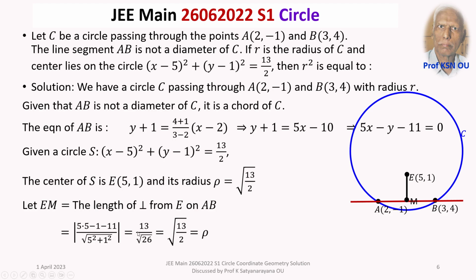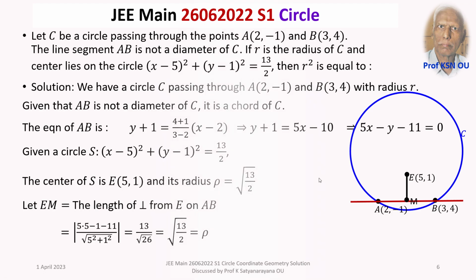That is 13 by the square root of 26, that is equal to the square root of 13 by 2, which is equal to rho. So this EM, the perpendicular distance drawn on AB, is exactly equal to the radius of the circle S.